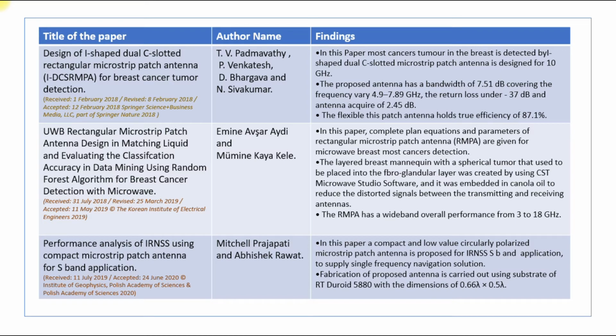So we can see the different types of antennas used in these kinds of applications, and what frequency range is used for the antenna. All these are taken from these literature surveys, and inspired by these papers, we have designed a new novel antenna.